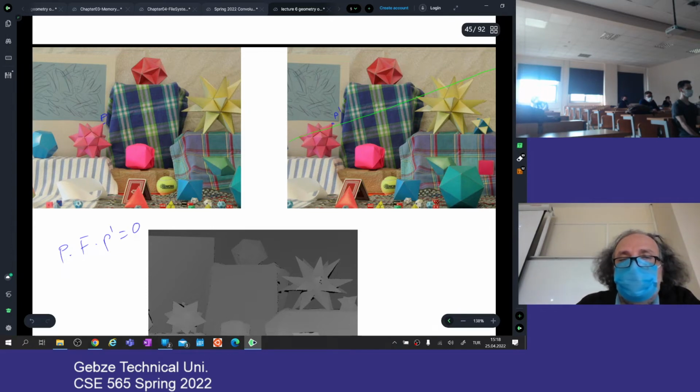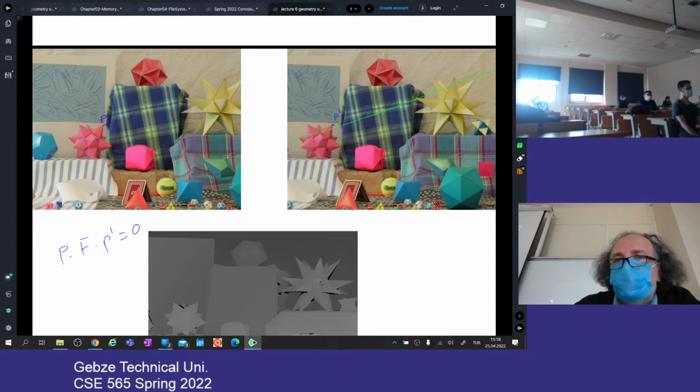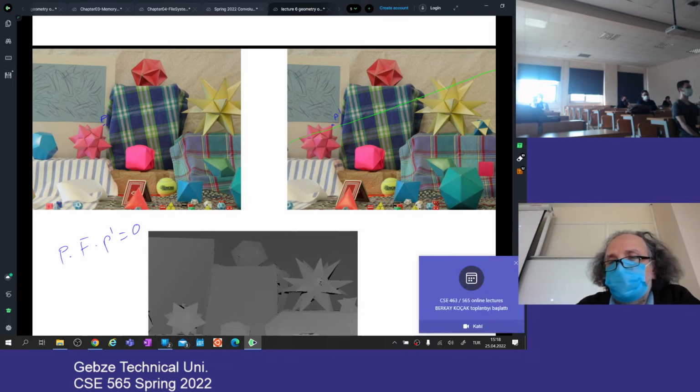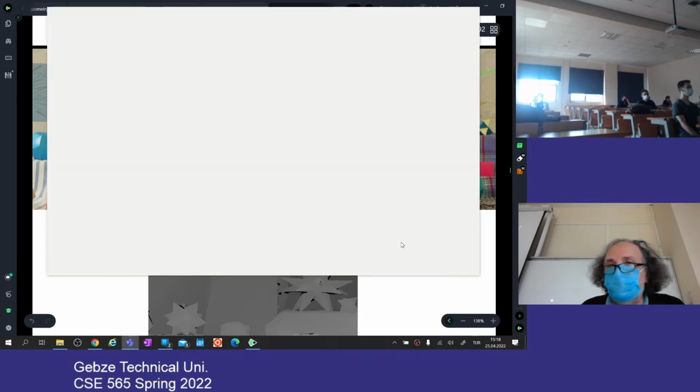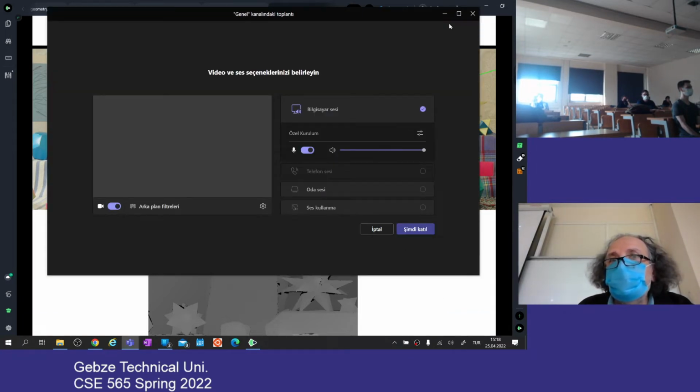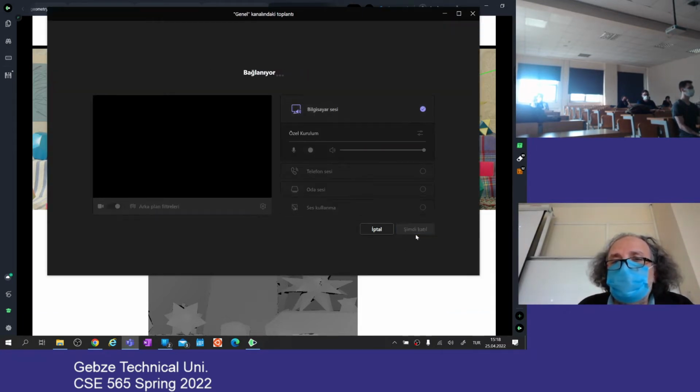You will get a line formula for P prime. And with that line formula, we draw a line on the other image, and you will make your search on this line, not on the whole image, but on a line only. So that will constrain your search space a lot. Before making a search, you use your fundamental matrix, yes.